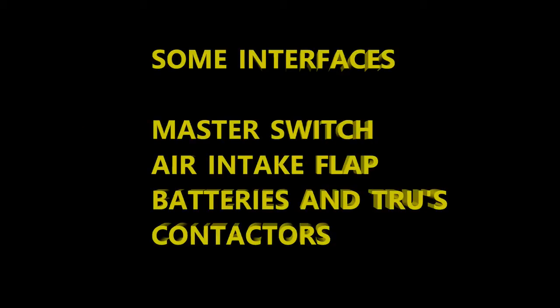Now a little bit on the interfaces. There are different things that it interfaces with. Of course, the APU master switch push button in the cockpit kicks in the ECB, otherwise it's dormant. Until that APU master switch is turned on, nothing is really going to happen. When the pilot turns that on, a signal is sent to the ECB.